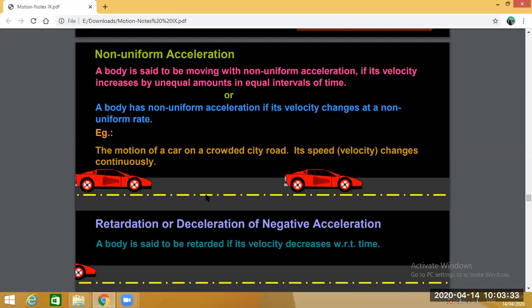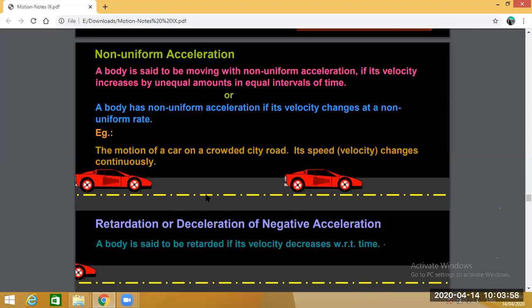And while you are on the way to the market from your home, you are moving on a cycle, and you see on the way some kids come, some dogs come, and some speed breaker comes. That's why your speed or your velocity is not the same everywhere.